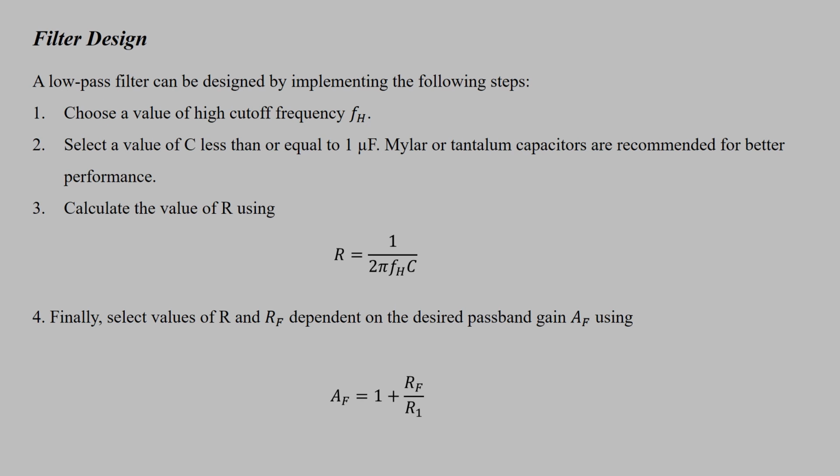So a low pass filter can be designed by implementing the following steps. First we need to know what the high cutoff frequency for this low pass filter is. Then we select C, which is less than or equal to 1 microfarad, and we recommend Mylar or tantalum capacitor for better performance.